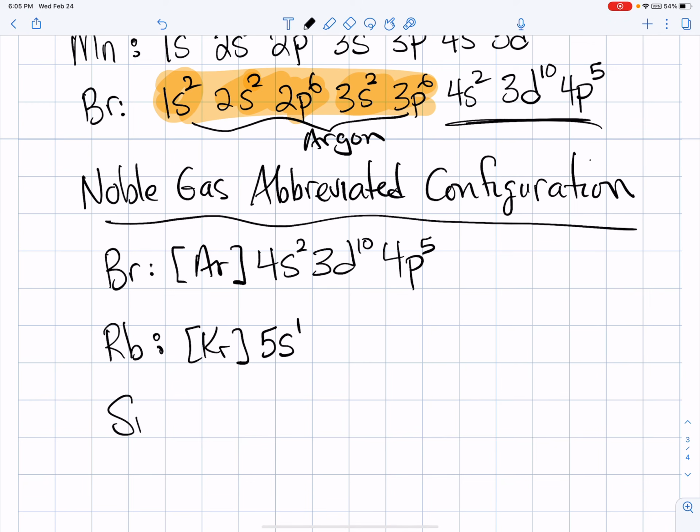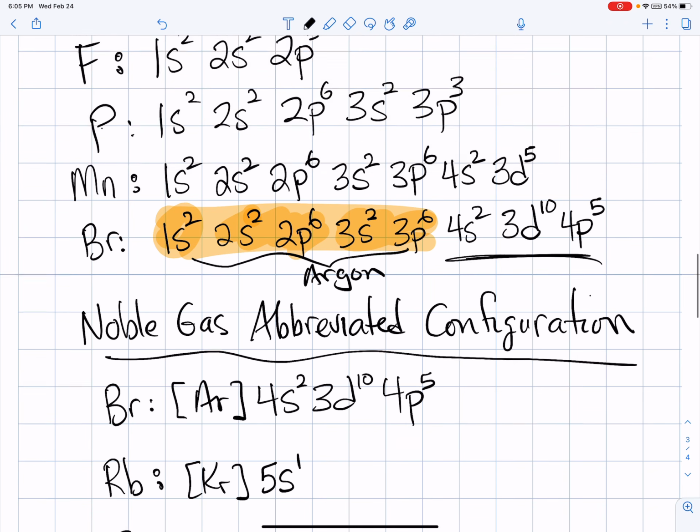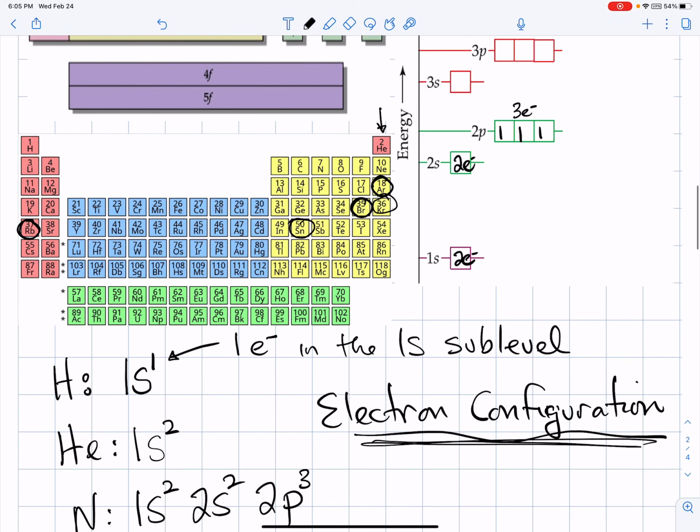Now, what about tin? Tin is also in the same row as rubidium, so krypton was the last noble gas again. To get to tin, we have to go through the 5s sublevel. Then we have to go through the 4d, right? The 4d.